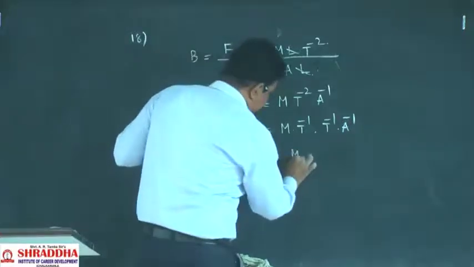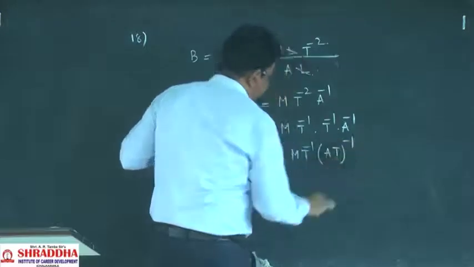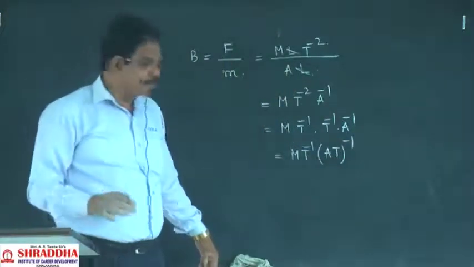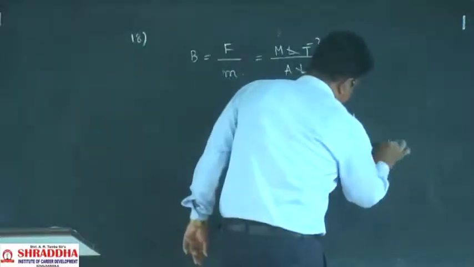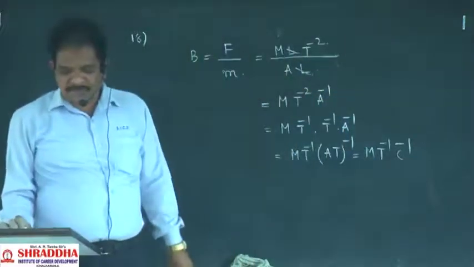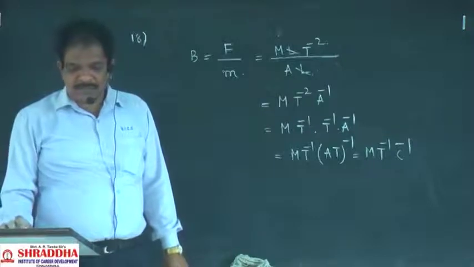So this M T power minus 1, AT power minus 1. AT means Coulomb. So this value is M T power minus 1, Coulomb power minus 1.